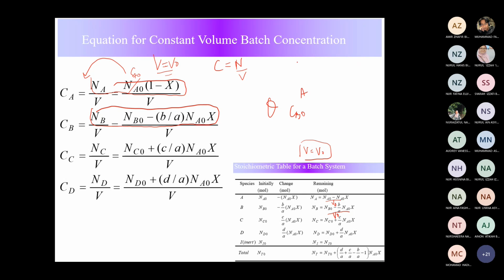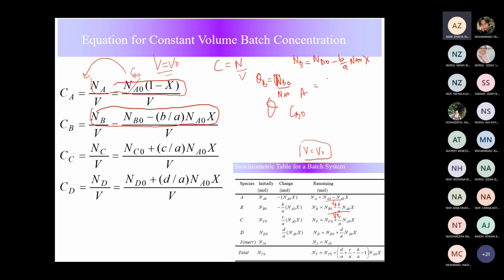Okay, kita tengok NB. So NB is equal to NB0 minus with the B over A, NA0 X. Kita tukarkan dulu theta, baru kita fikir pasal C tu nanti saya cerita. So daripada sini nak tukarkan dia, ingat theta adalah NB0 over NA0, betul.